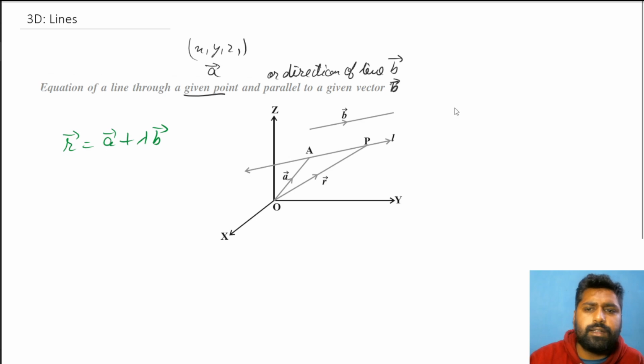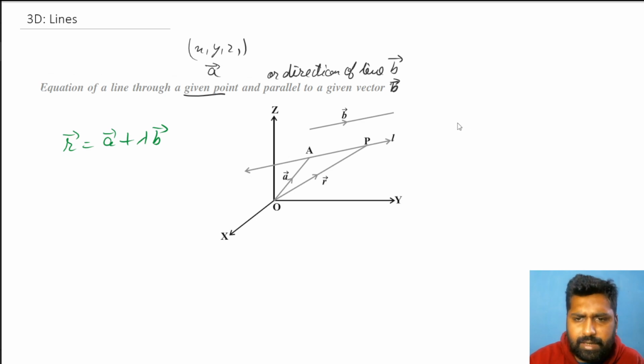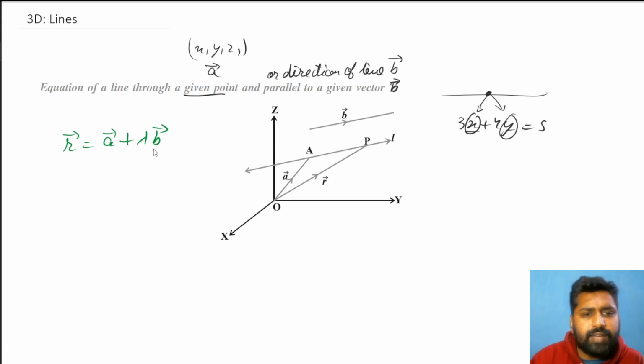This is pretty much like if I ask you to write equation of a straight line, what do you say? Let's say 3x plus 4y is equal to 5. You never say what is the value of x and y. You'll only say that whatever is the point will satisfy this equation. Same idea, instead of x and y, now you have lambda. So whatever is a point, it will satisfy this equation, and you will have a different value of lambda.